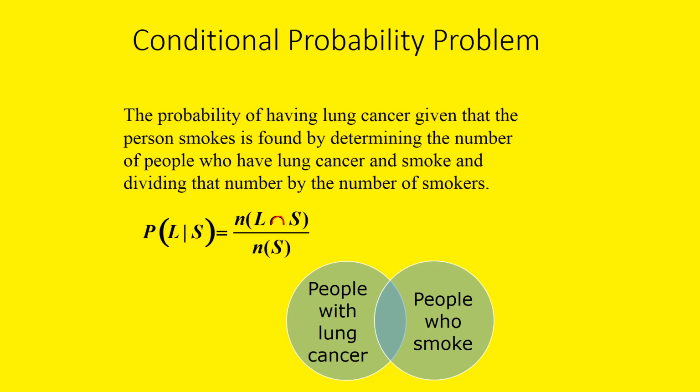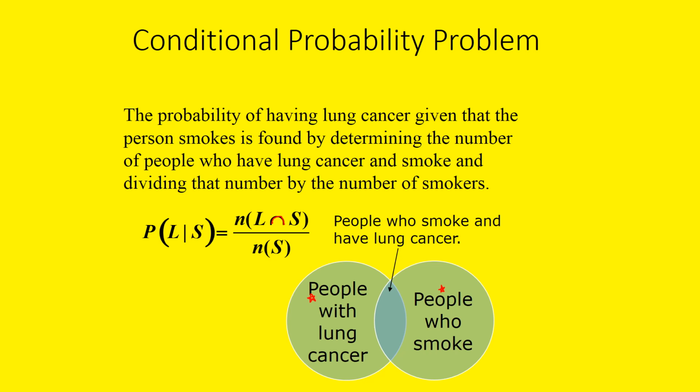I guess there are people with lung cancer that don't smoke, so there are people over here. And there are certainly people who smoke who do not have lung cancer. But then there are people who smoke and have lung cancer, and that's in the overlap.